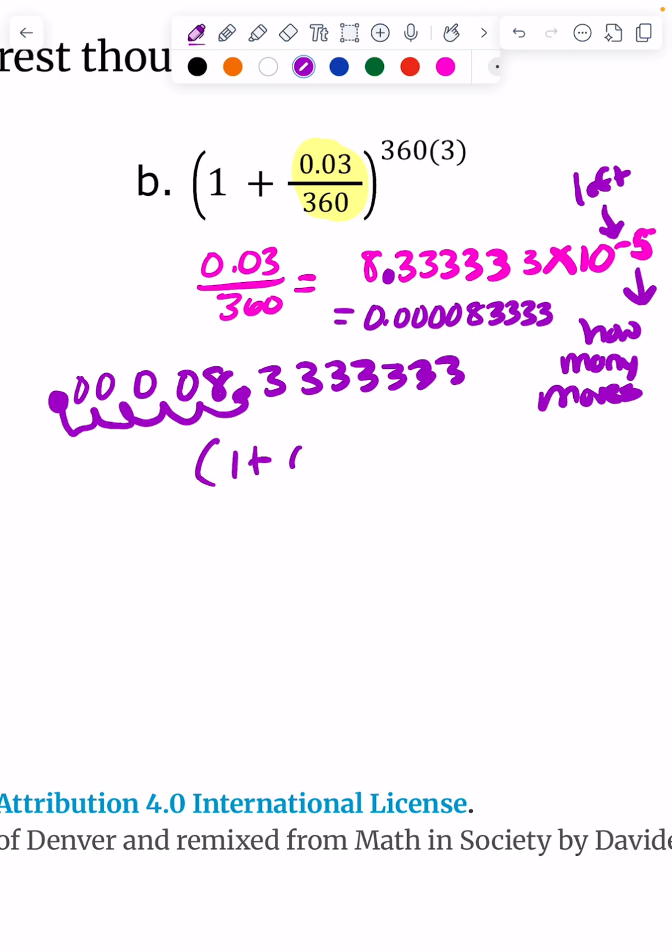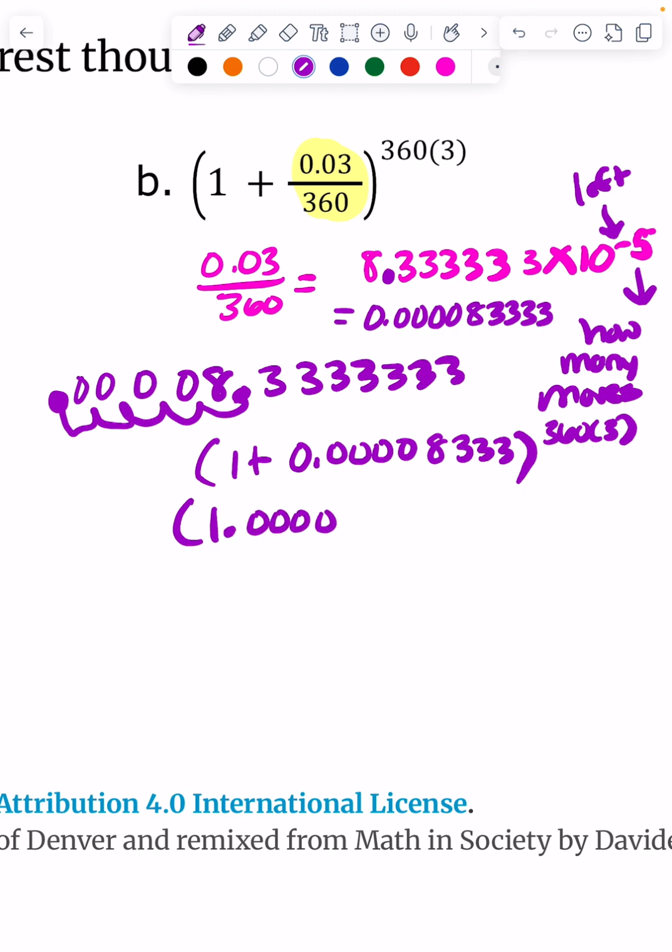So 1 plus 0.000083333 raised to the 360 times 3. So that's 1.000083333 to 360 times 3. All right, 360 times 3 is 1080.